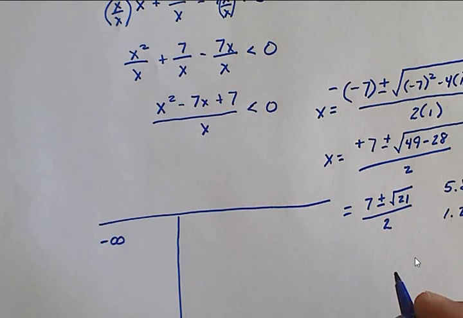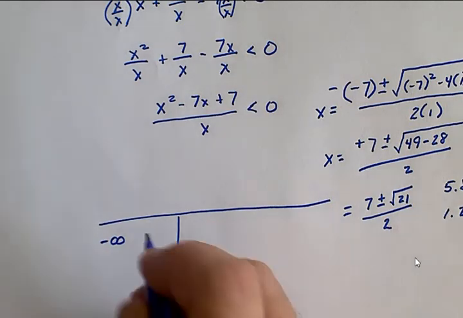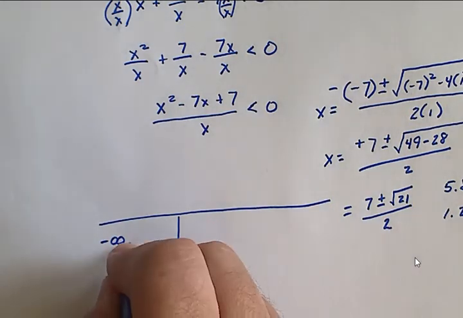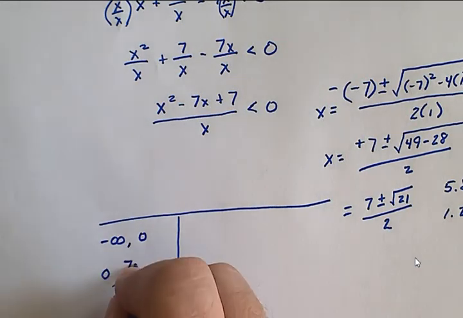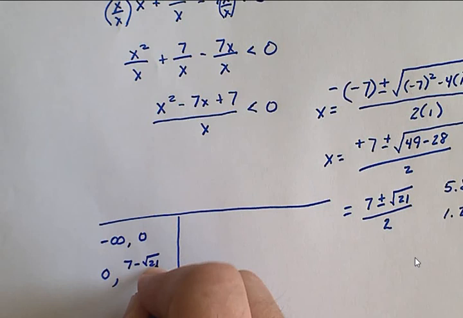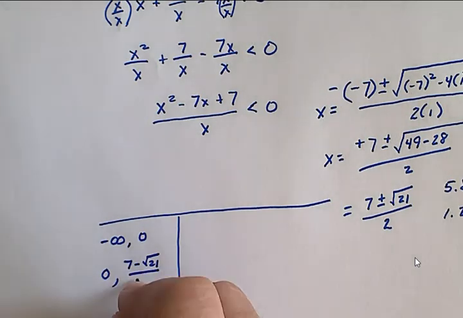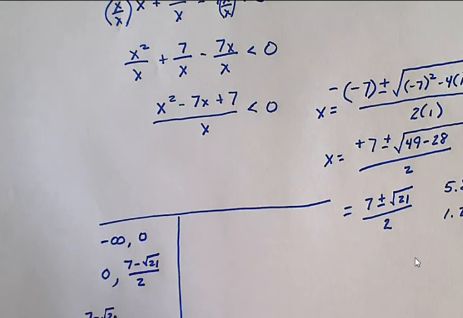So I'm going to go to 0. I'm going to go from 0 to 7 minus the square root of 21 over 2. Then I'm going to go from 7 minus the square root of 21 over 2 to 7 plus the square root of 21 over 2.